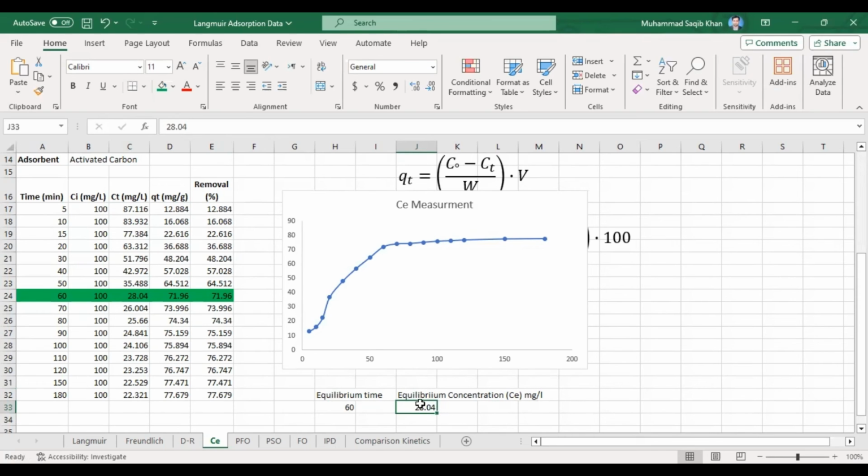So this is our equilibrium concentration.